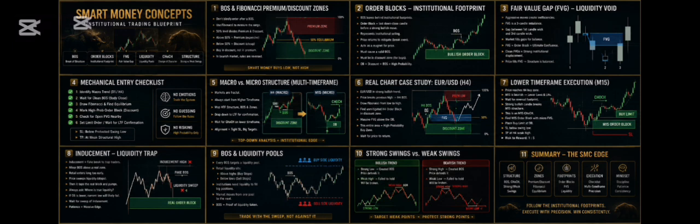EUR/USD was in a clear, definite bullish trend. Price pushed up, smashed through the previous strong high and closed body above. You immediately mark this level on your chart as an H4 bullish break of structure.